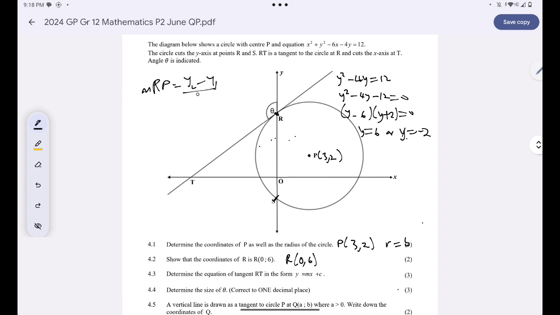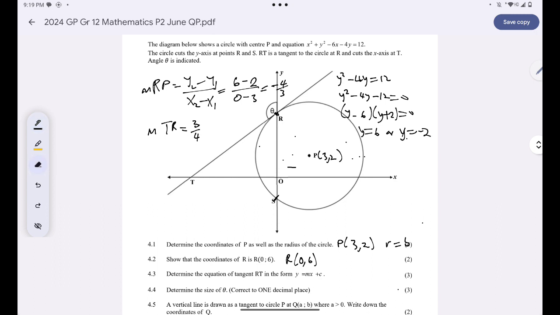I'll simply say 6 minus 2 over 0 minus 3. So I'll get negative 4 over 3, right? So it simply means that the gradient of the tangent, the gradient of TR, will be positive 3 over 4.